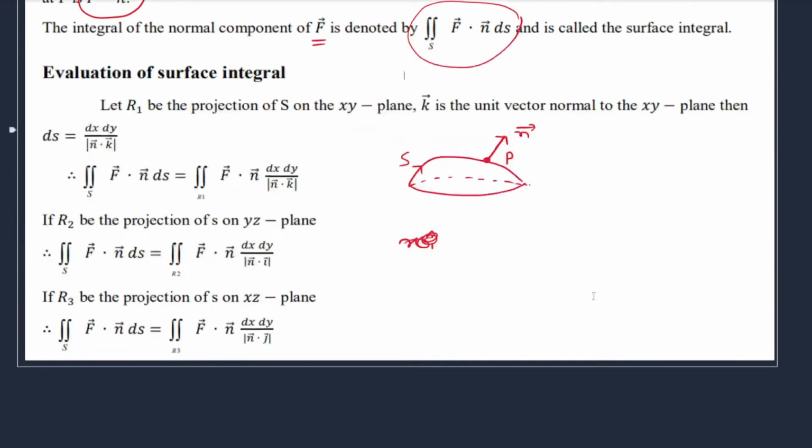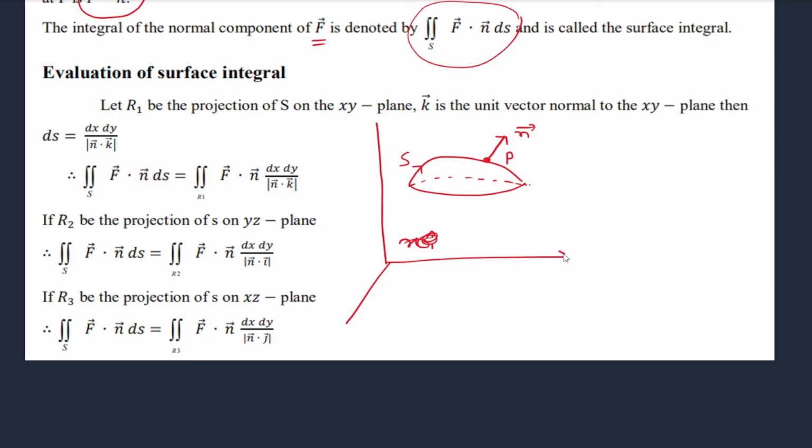Now see, if we take the x-axis, y-axis and z-axis. Since this is a surface, the projection of this surface will be something like that.